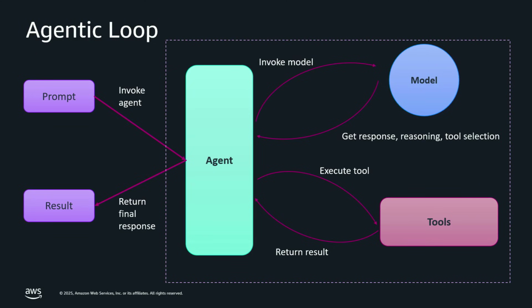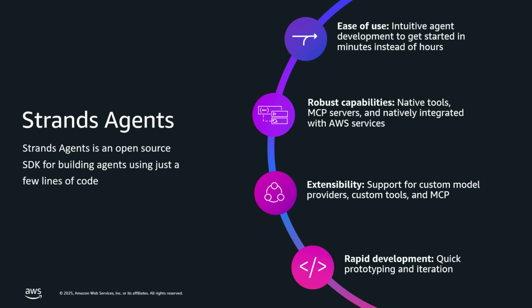The framework which we are going to use today to build the agent is Strands SDK. Strands is an open source Python SDK, which will let you build an AI agent with just a few lines of code. What that means is, compared to other frameworks where developers are required to create complex workflows for their agents, Strands follows a model-driven approach, the similar thing which we saw in the agentic loop.